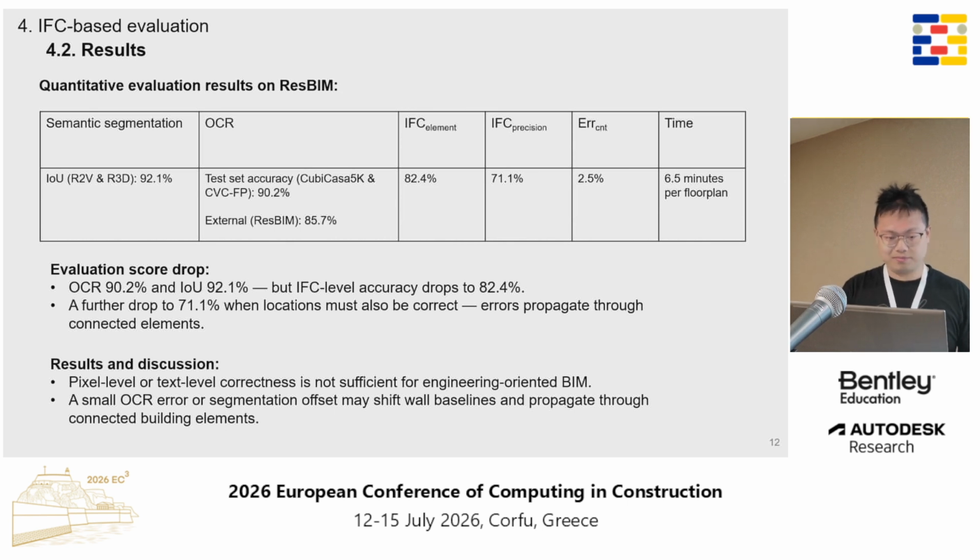The result from this quantitative evaluation can be concluded as: pixel-level or text-level correctness is not sufficient for engineering-oriented beams. And the other is error propagation. At the pixel level, when one wall is shifted, the IOU is only affected a little bit. But in engineering, it will affect a lot, because when one wall is shifted, the walls adjacent to this wall will also be affected.